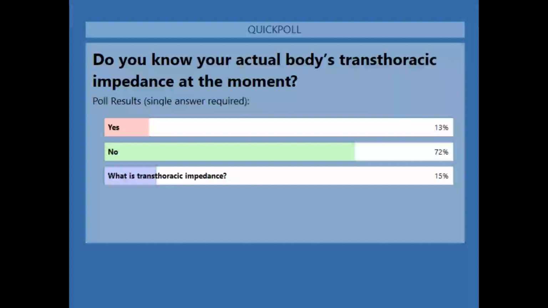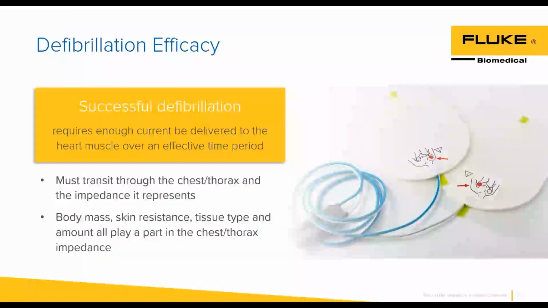We'll start talking about defibrillation efficacy here. So we'll advance to the next slide where we're talking about children. I work with a bunch of children's hospitals, and they like to point out that a lot of medical equipment is not designed for children or pediatrics. It's designed for adults and then adapted to children and pediatrics. So that could be a very drastic swing.